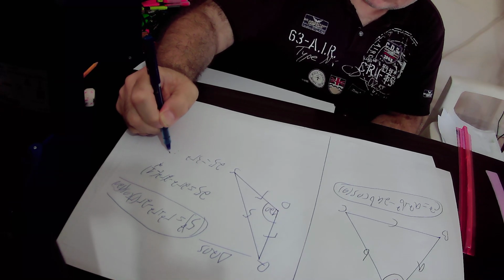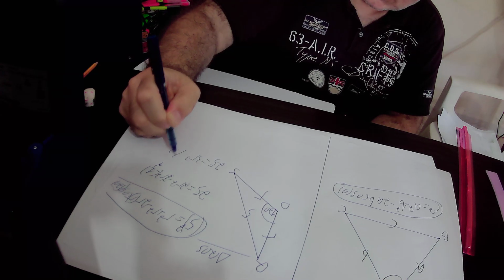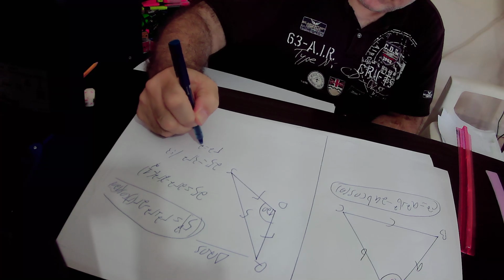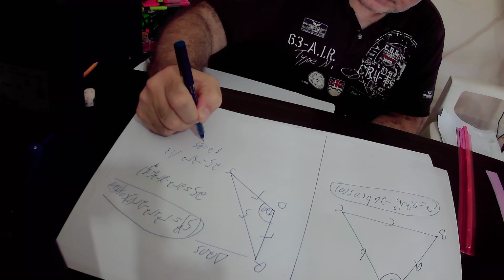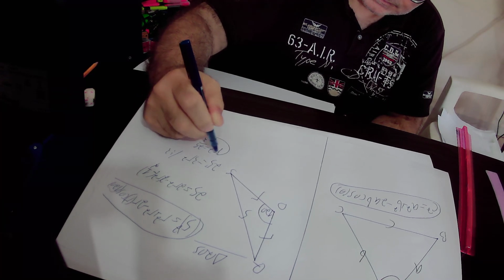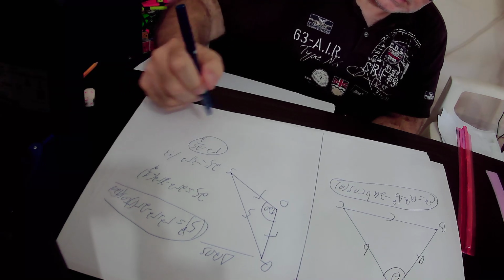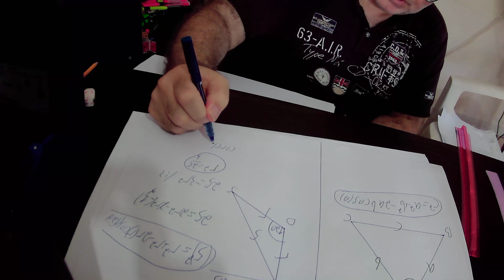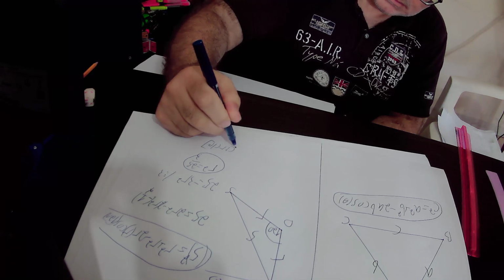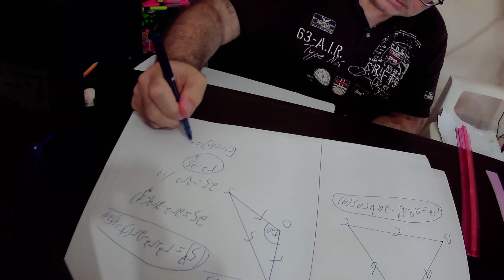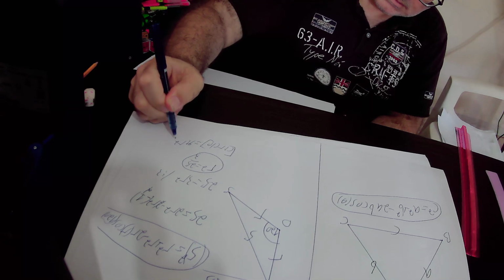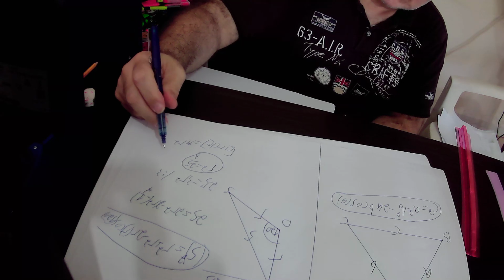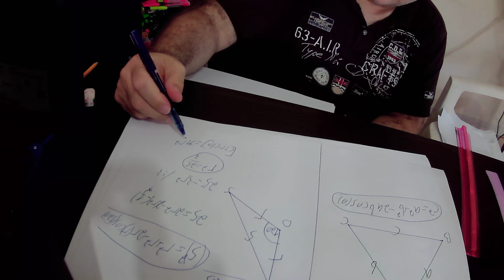We divide this equation by 3 and we get that R squared equals 25 over 3. We know that the area of any circle is equal to pi R squared. But we have already found that R squared equals 25 over 3, therefore we can substitute.